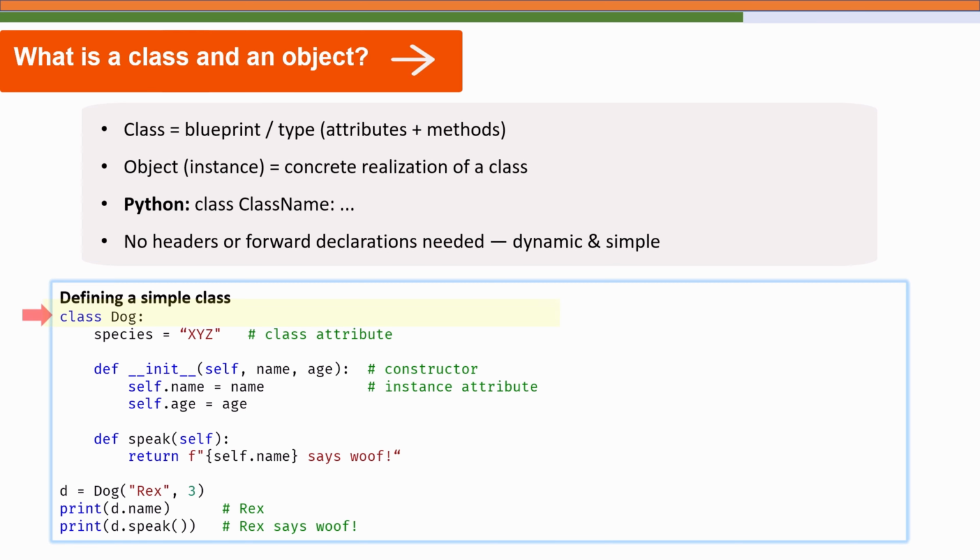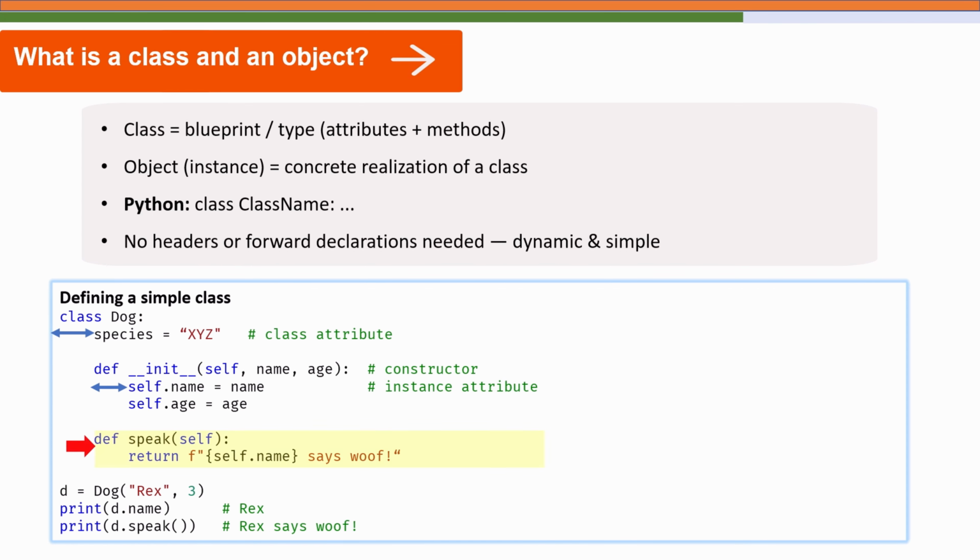So here's a simple Dog class. Species is a class attribute shared by all instances. The __init__ method is the constructor that runs when you create a new object. Inside methods, we use the self keyword to access the specific instance attributes.